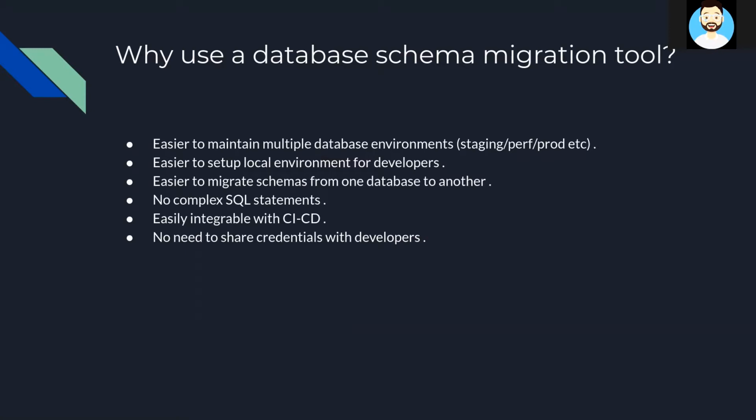We can easily integrate it with CI/CD on various branches, and use it to maintain different database environments. It is also super useful for developers to set up database environments in their local to run and debug their applications. And you might also need to perform migrations from one database to another. Alembic becomes super handy in those scenarios as well.